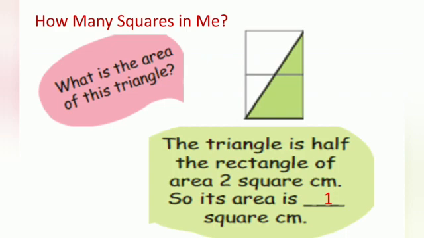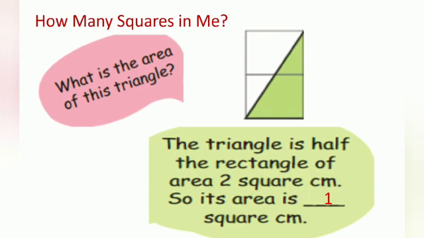How many squares in me? You can see a rectangle made of 2 squares, where each square is of 1 centimeter side. So what will be the area of the rectangle? Yes, it will be 2 square centimeter.